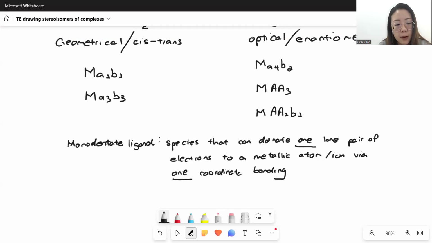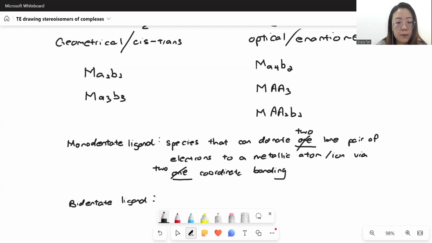Now, for bidentate ligand, all you need to do is change the word here to 2 lone pairs of electrons to form 2 coordinate bonding to a metallic atom or a metallic ion. Okay, polydentate is more than 2.